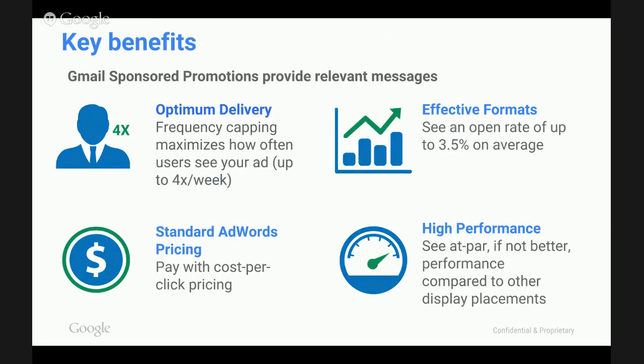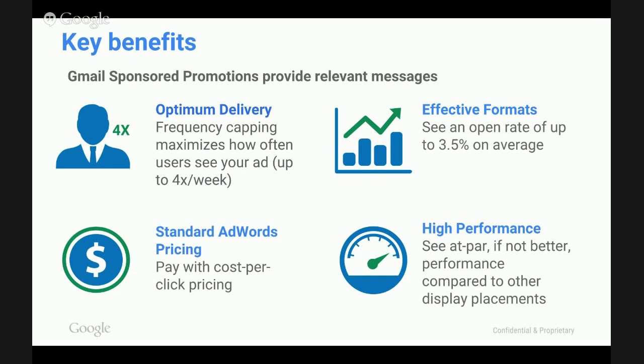Yeah, so what are the key benefits? Gmail sponsored promotions provide relevant messages, so optimum delivery, with the frequency capping that I just mentioned. It maximizes how often users see your ad, and that's up to 4 times a week. Different effective formats, and you can get really creative with these. Standard AdWords pricing.